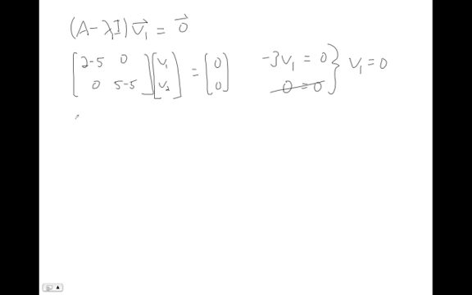So when I say lambda 1 equals 5, what is the associated eigenvector associated with that? Well, the first entry has to be 0, and the second entry can be whatever we want. And so since it can be whatever we want, let's just put a 1. So we got the exact same eigenvalue eigenvector pair that we got by inspection, but this is a routine that you can repeat over and over, and you won't have any problems.